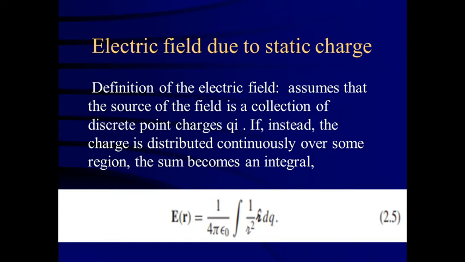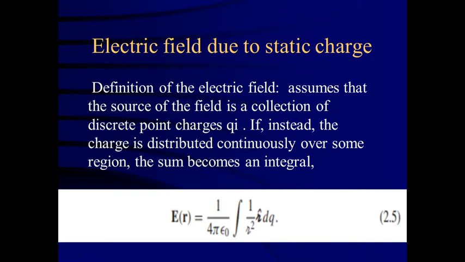One charge can be separated from another charge, that means you can discriminate between the two charges, and each charge has its own position vector with respect to some reference point. This is called discrete charge distribution. Because of that, you can find the electric field using Coulomb's law as well as the principle of superposition.